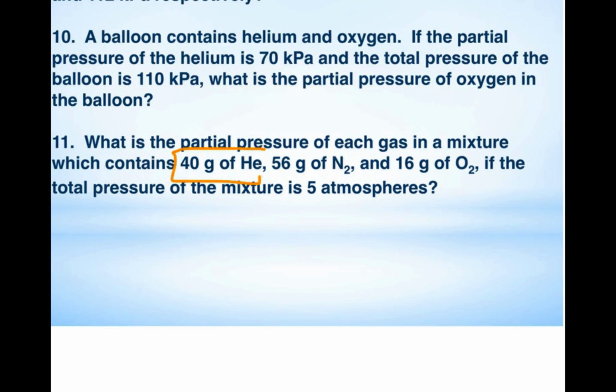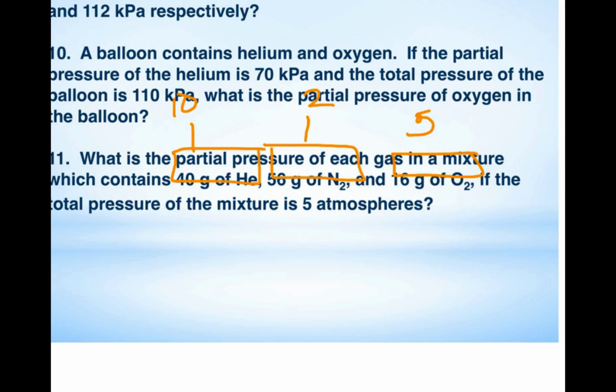So, let's review. I have 10 moles of helium, I have 2 moles of nitrogen, and I have half a mole of oxygen. When we add it up, we get 12.5.